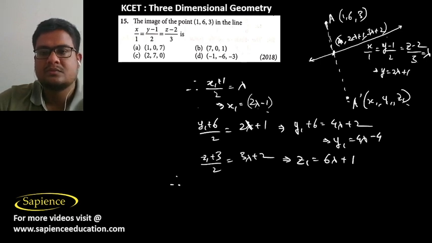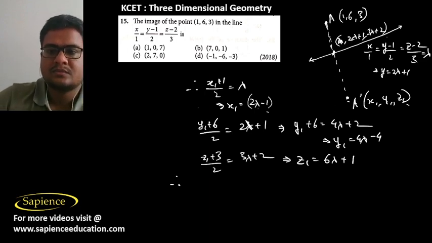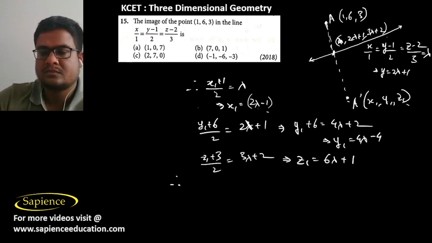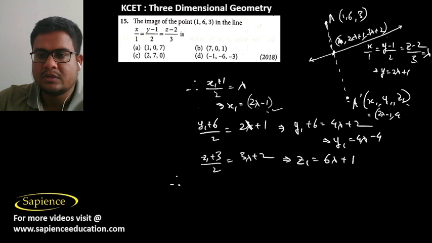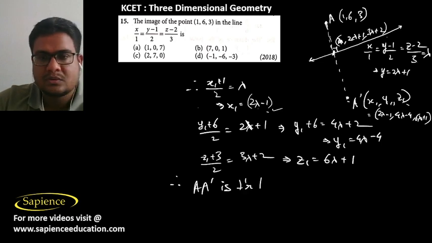Therefore now the coordinates of A dash are 2 lambda minus 1 comma 4 lambda minus 4 comma 6 lambda plus 1, and AA dash is perpendicular to the line.